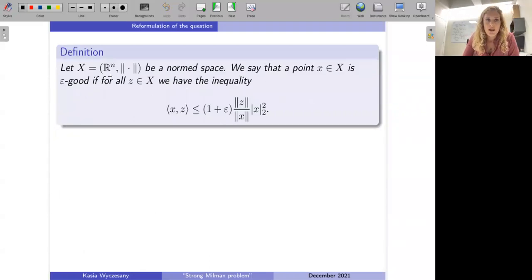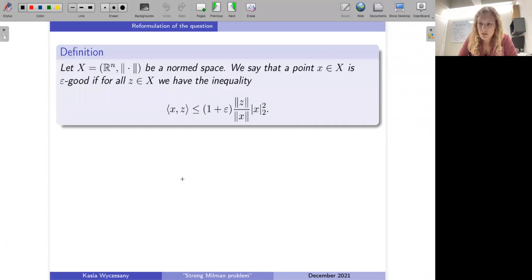We have an n-dimensional normed space, and we say that a point x in the space is epsilon good if for all z in X we have the following inequality: the scalar product of x with z is at most 1 plus epsilon times the norm of z divided by the norm of x, times the L2 norm squared of x. This is for the scaling properties, obviously.